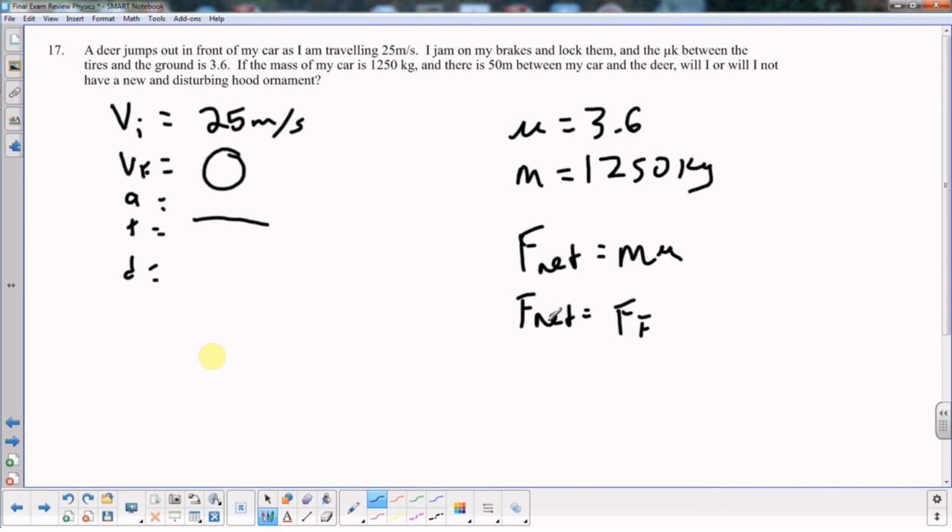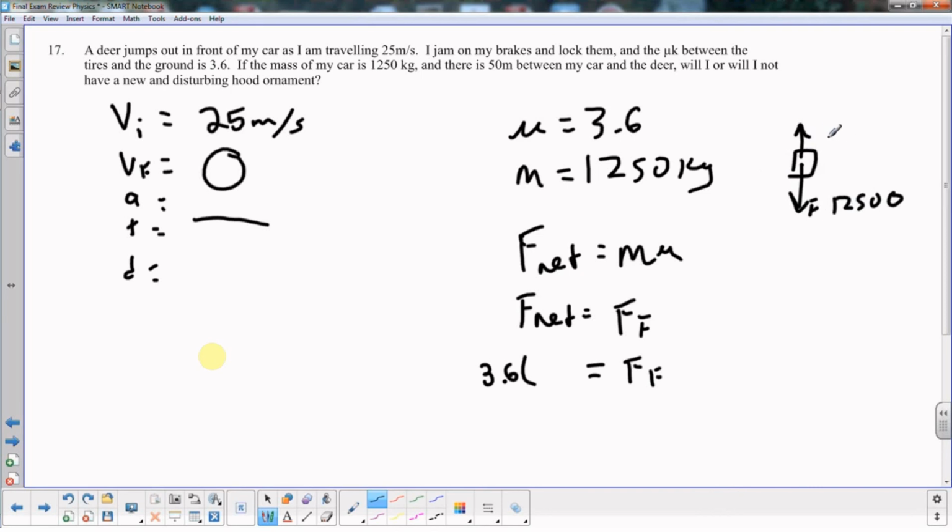And the net force that's making it stop is caused by friction. So what we start by doing is solving for what friction is. FF equals mu, which is 3.6, times the normal force. My mass, so here's my car. Fg is 1250 times 10, 12,500. My normal force is also 12,500 newtons.